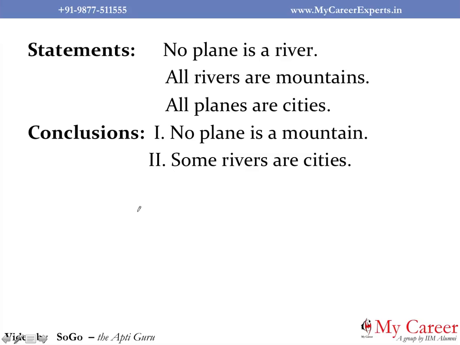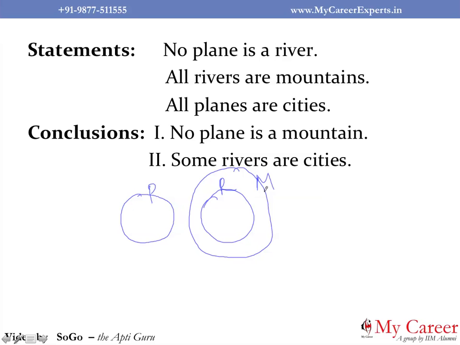Now here we have no plain is a river. So we have this as plain, this as river. All rivers are mountains. So this shall be the diagram. All plains are cities. So all plains are cities.